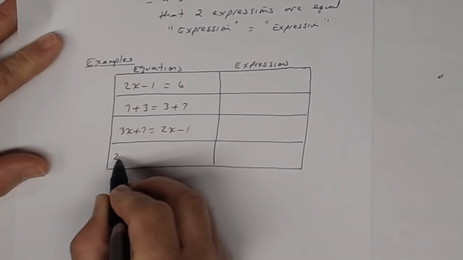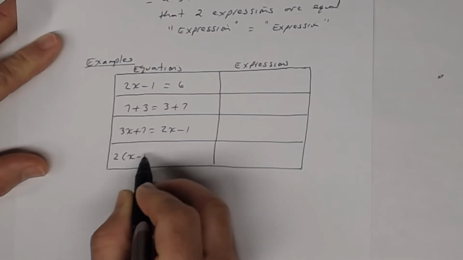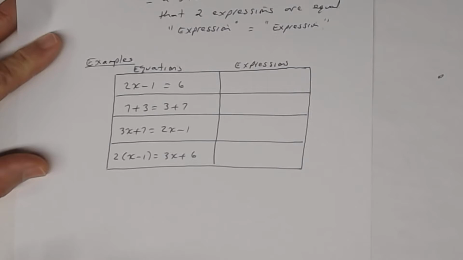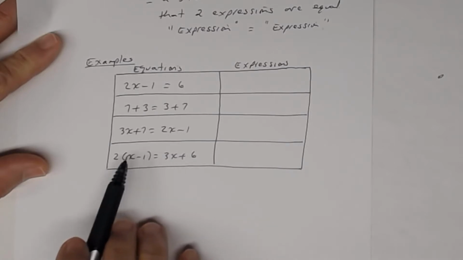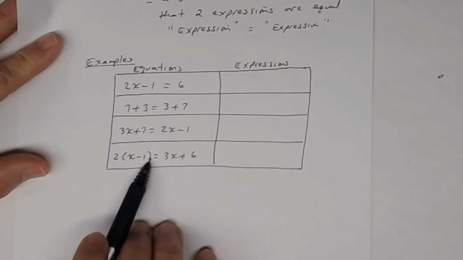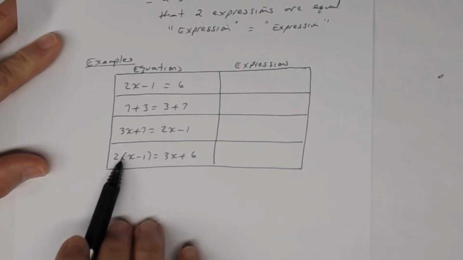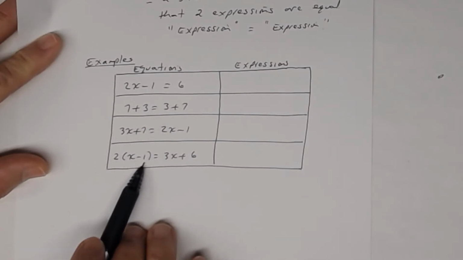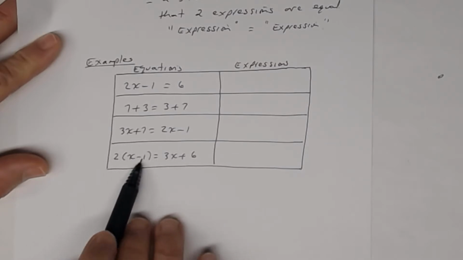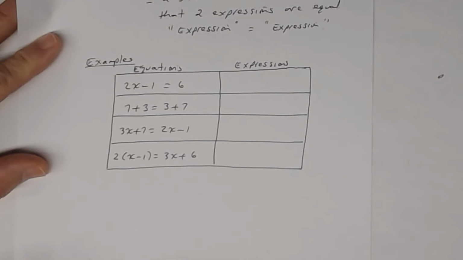And then we have this equation, 2 times (x minus 1) equals 3x plus 6. Okay, so that's also an equation. It has an equal sign. Remember, all these have equal signs. That's why they're called equations. You're also going to learn how to deal with an equation with an expression that has parentheses with a number in front. All right, so those are examples of equations.